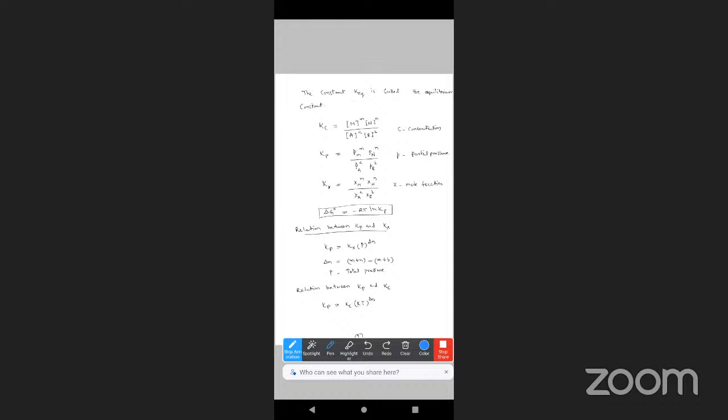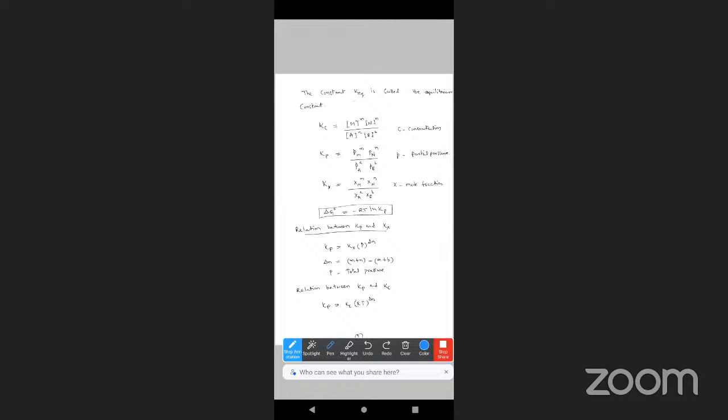As we have seen in the earlier slide, Kc equals [M]^m [N]^n divided by [A]^a into [B]^b. And in terms of partial pressures, if the reactants or products are gases, we can write Kp equals Pm to the power of m, Pn to the power of n, divided by partial pressure of A to the power of a and partial pressure of B to the power of b.